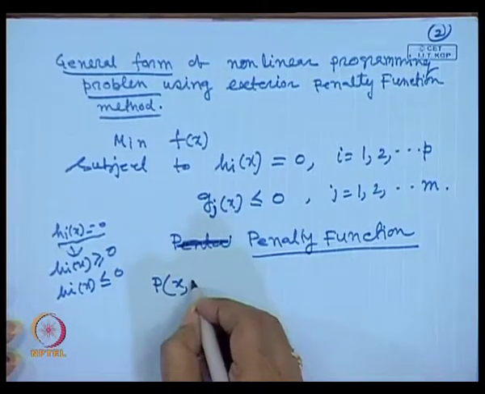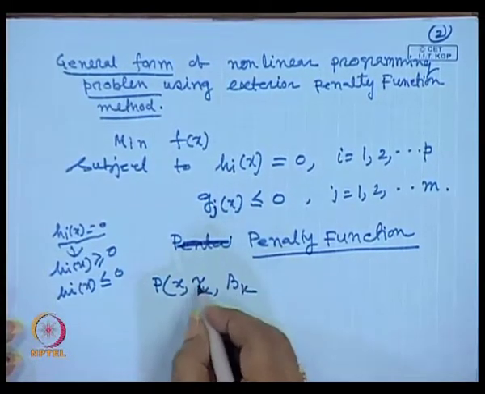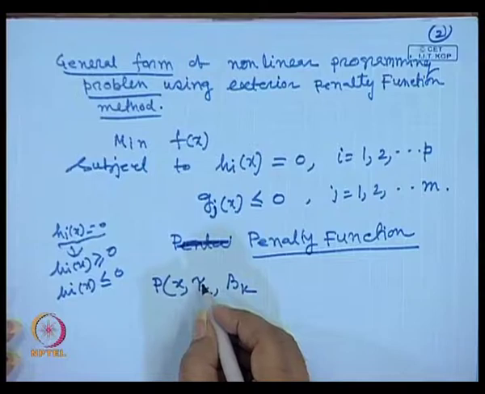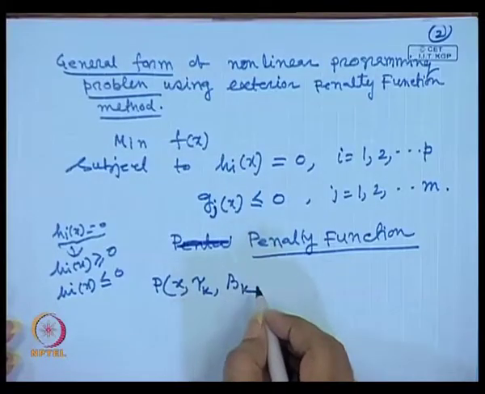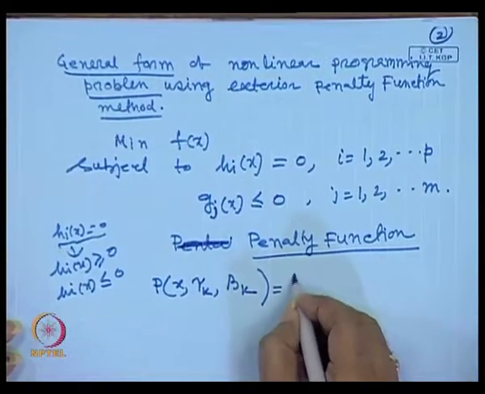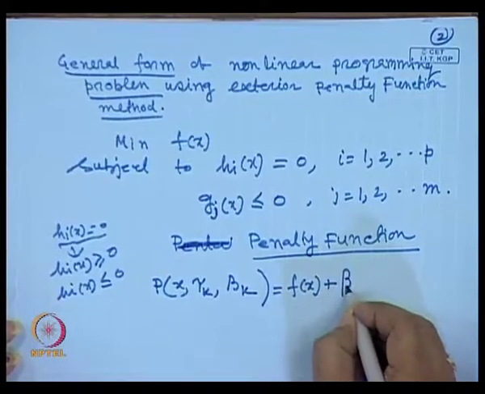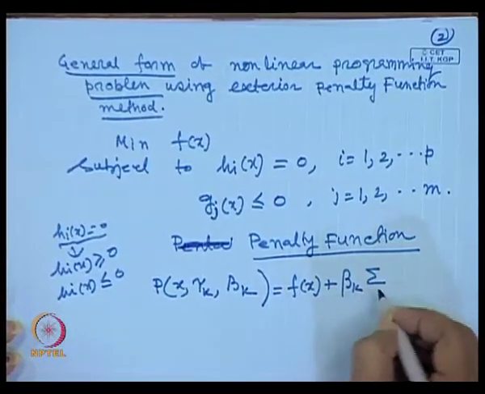One of the simplest choices is to consider a point which is outside the feasible region, that is called an exterior point. Then, the initial choice of beta k. After that, what we are doing? We are increasing the value of beta k or gamma k by 10 times. So, for the initial value of beta k, the penalty coefficient associated with the equality constraints, and tau k associated with the inequality constraints, how to select it?